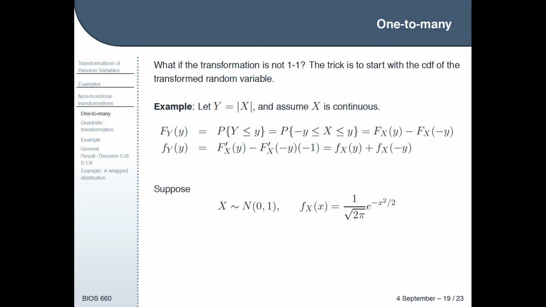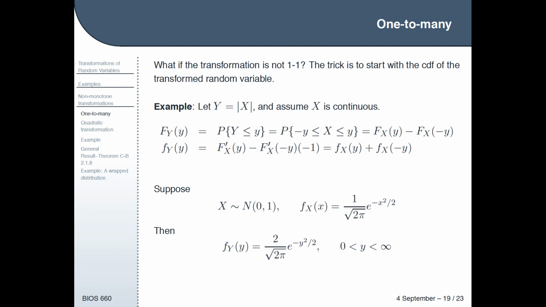So let's say we have a random variable with a normal distribution, and we want to find the distribution of the absolute value of a normal distribution. Then all you have to do is plug it into that formula.